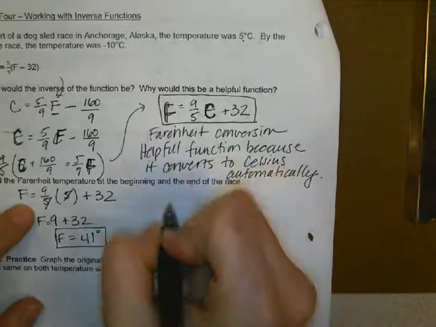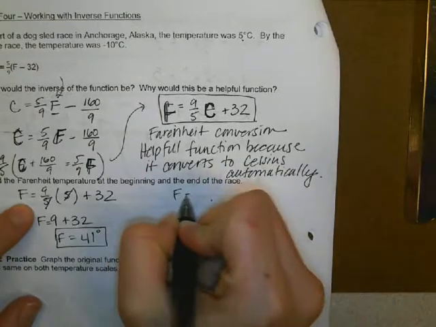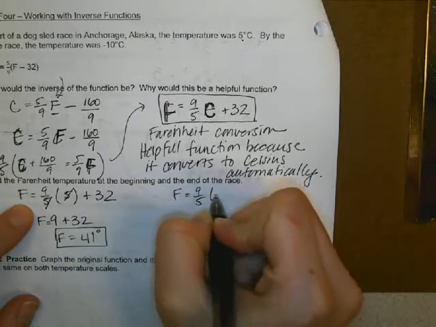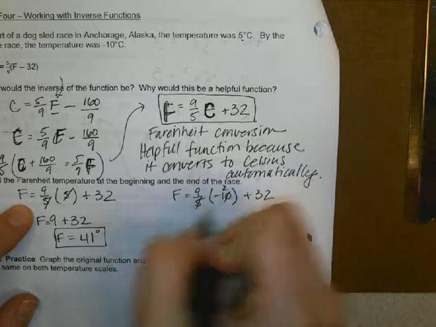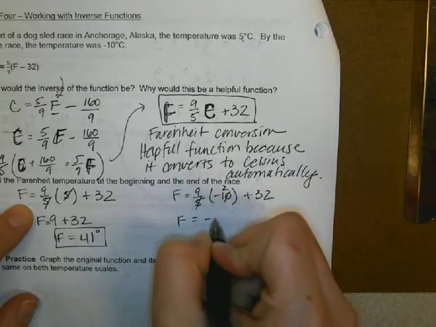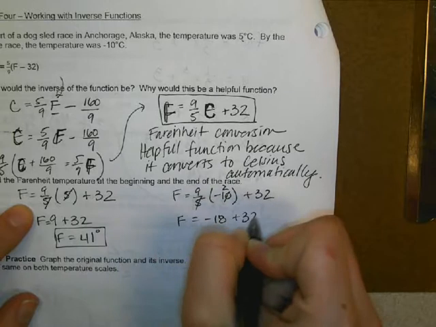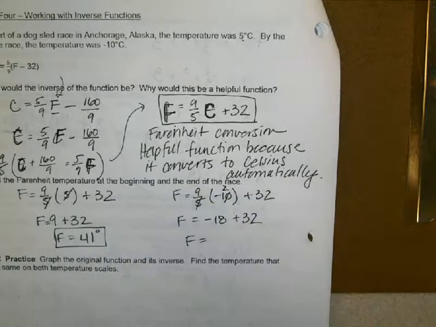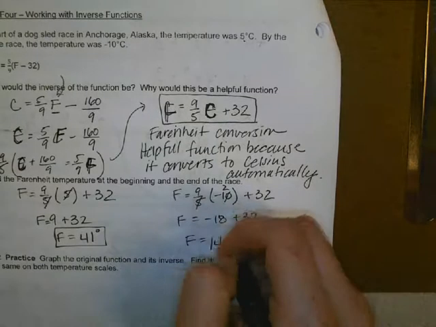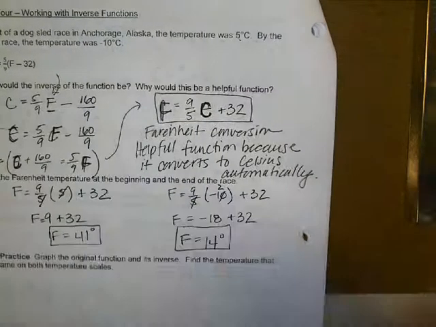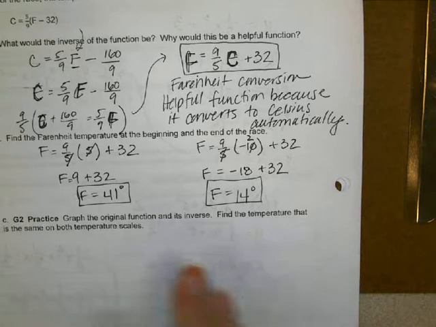And then at the end of the race, you had negative 10. Those cross-reduce, giving you negative 18 plus 32, which is 14 degrees. Okay.